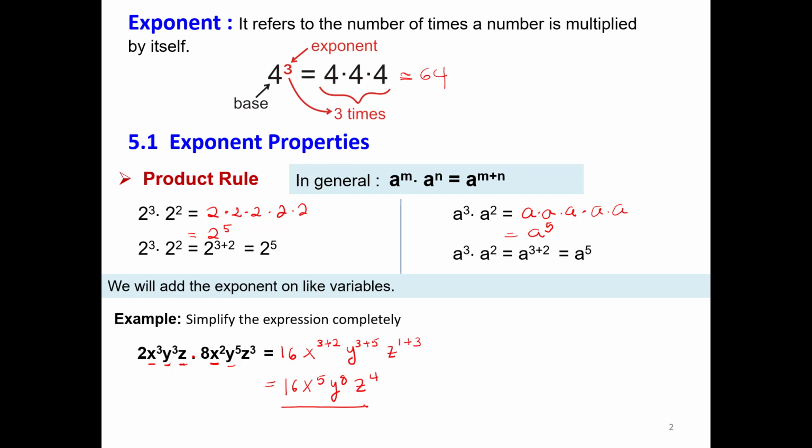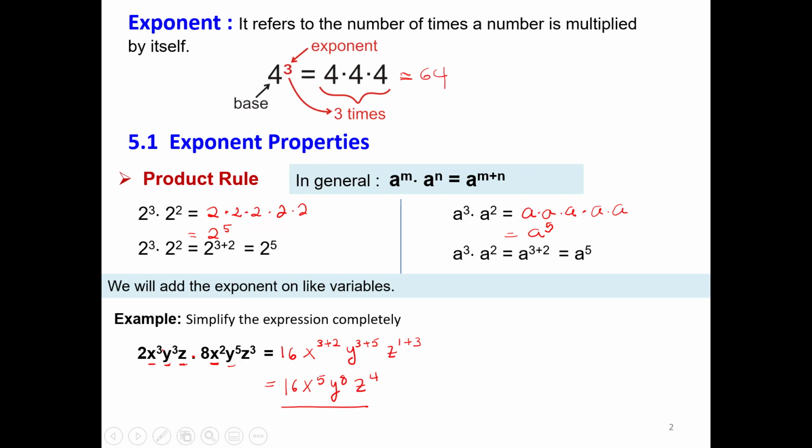We can skip this step, but I want to show it step by step because this is the first problem we are doing. Usually we don't need to write this part; if you don't want, you don't need to write it. We say 2 times 8 is 16.